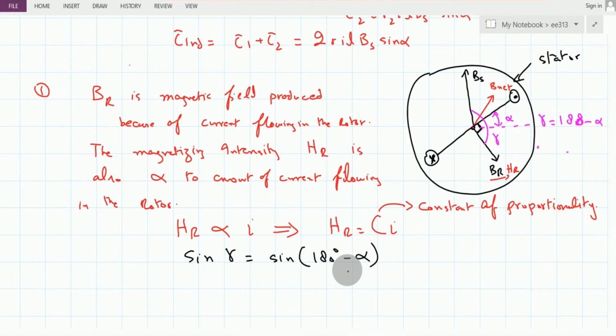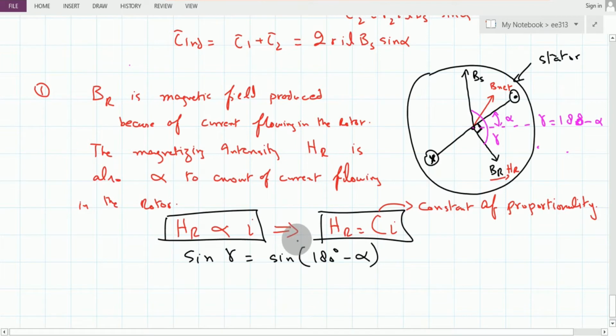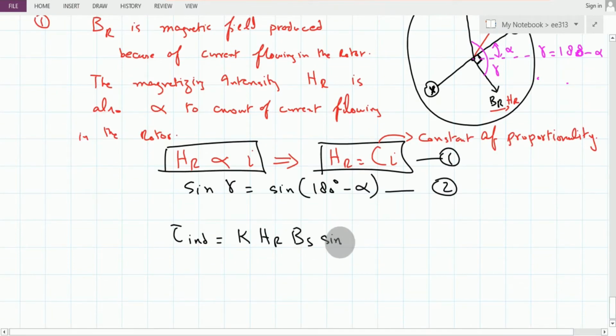And if we combine these two observations, the first one and the second one, then we can say that the torque induced is equal to K HR BS sine alpha, where this K depends on the construction of the machine, and this can be expressed as K HR cross product with the stator magnetic field BS.